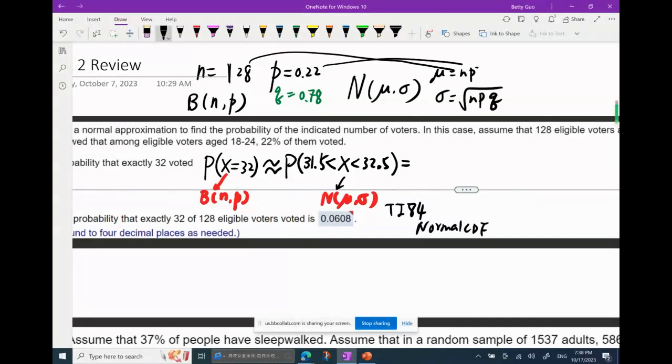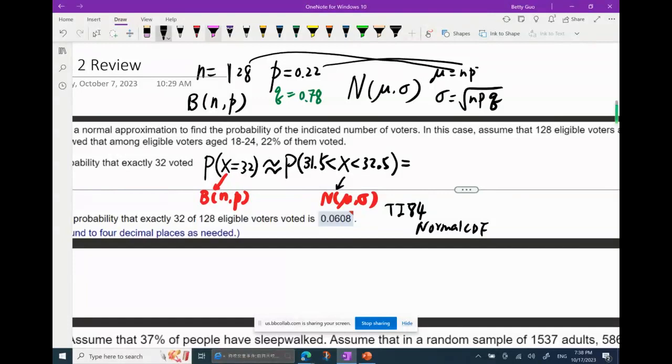Okay, so we are going to go to stat. No, sorry, my bad. We are going to go to second vars. In the list of distributions, we go down and select normalcdf. What's the lower bound?